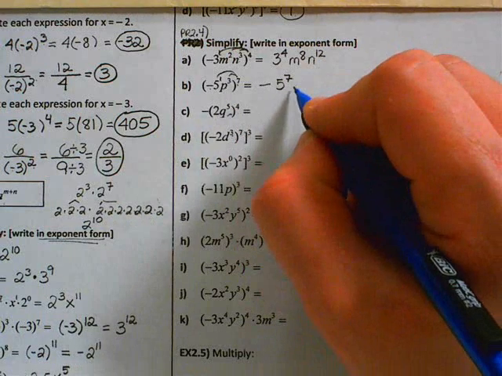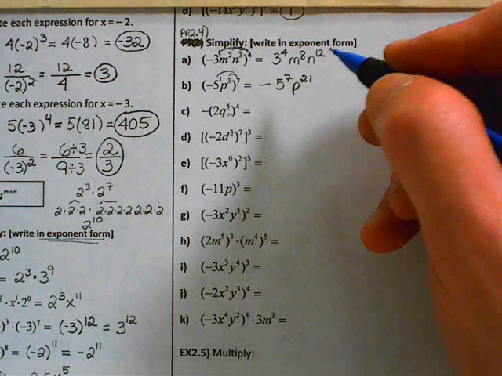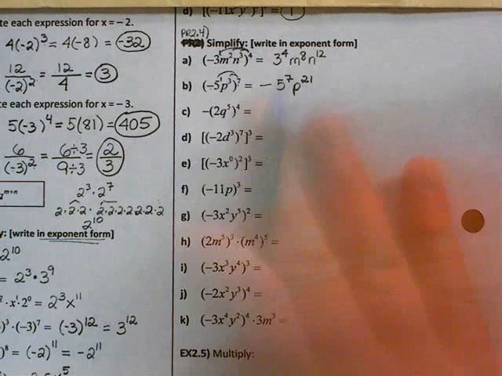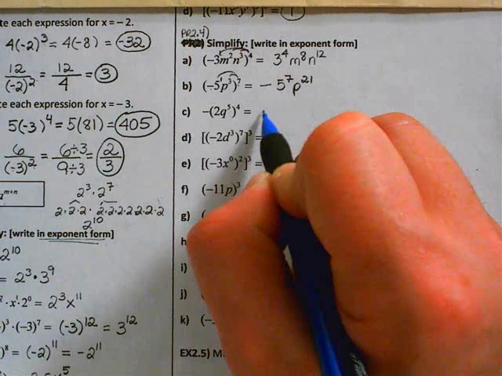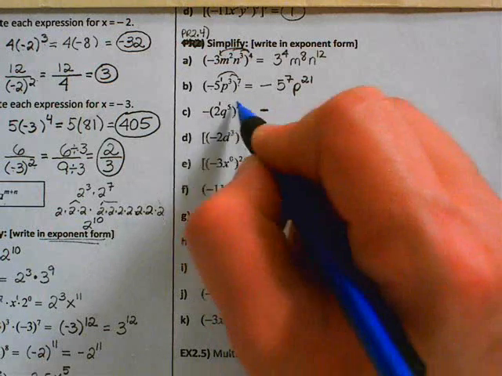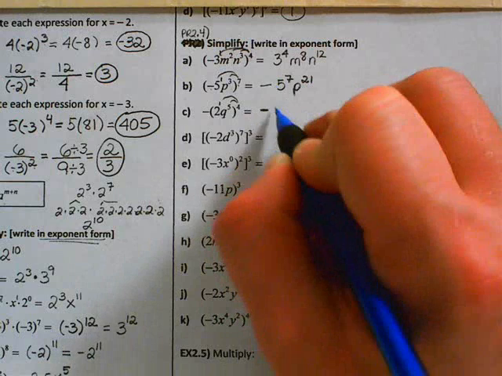Alright, very well. If you notice, the negative is outside, so the negative stays. There's an invisible 1. Let's multiply or distribute that exponent. So this would be 2 to the 4th and q to the 20th.